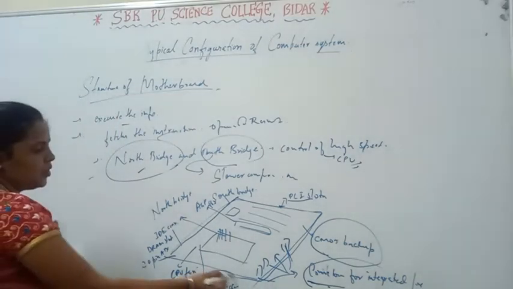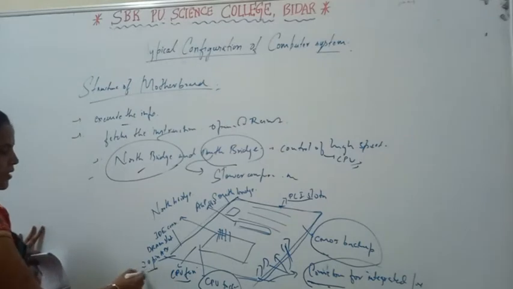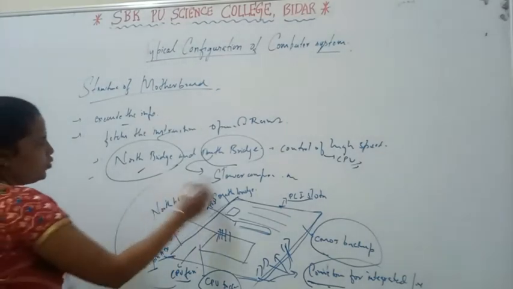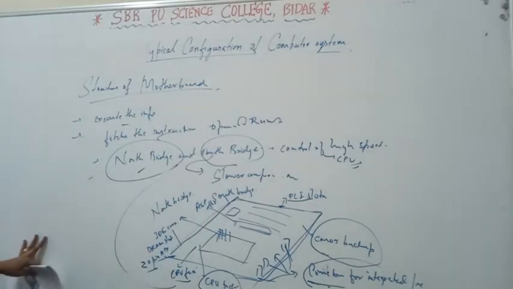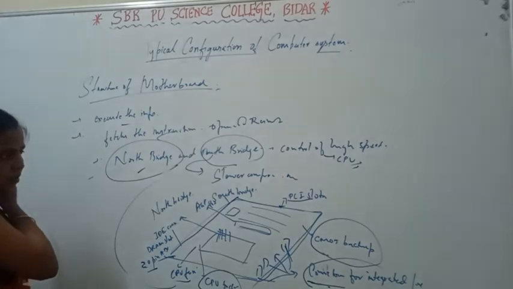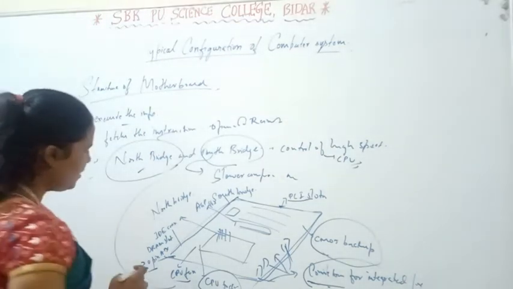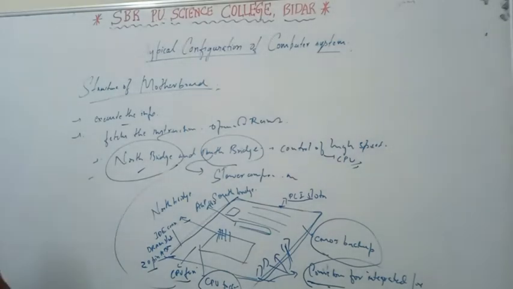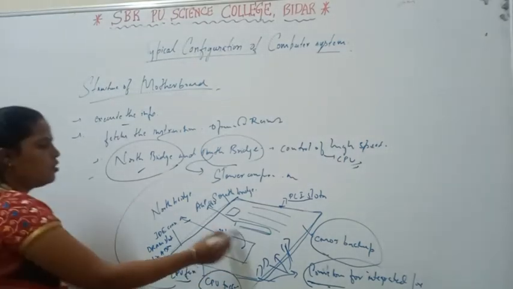So this is the CPU socket, and here this is the 20 pin ATX advanced technology motherboard. The basic diagram is given here. IDE connectors are there, DRAM slots are there, and this is the north bridge.